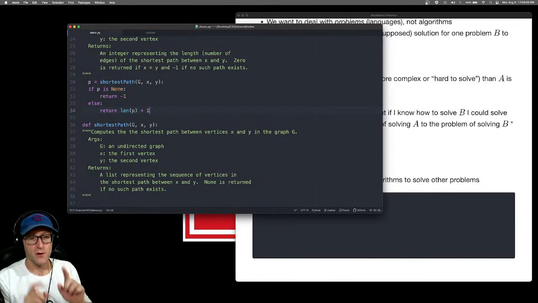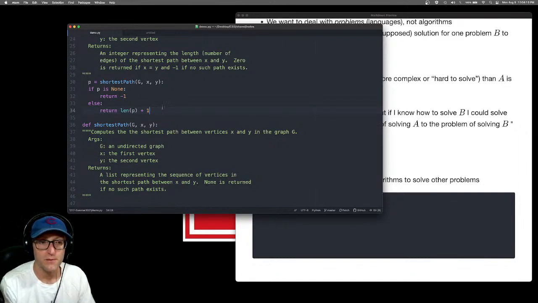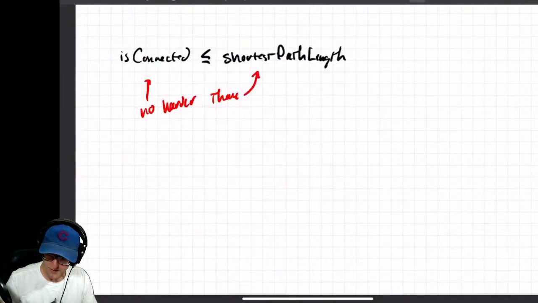Because if I go from X to Y and I have Z in between, then the list will only have one element, but the path is going to be length 2, right? So I've punted again, right? And I've done another reduction. Shortest path length is no harder than shortest path.